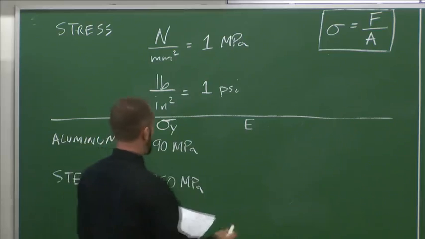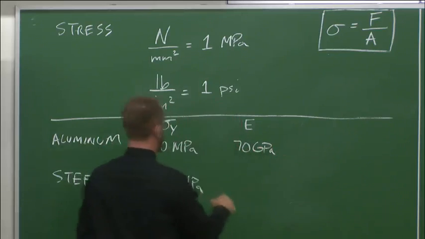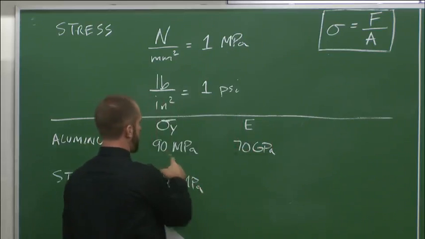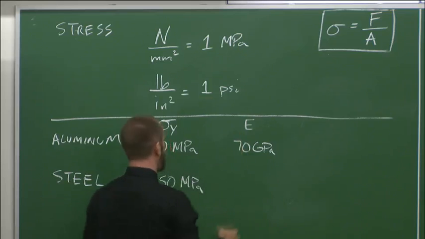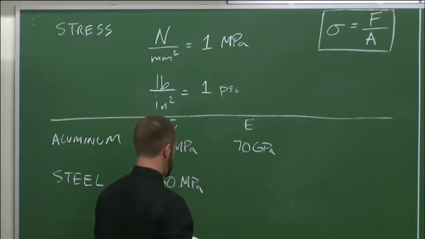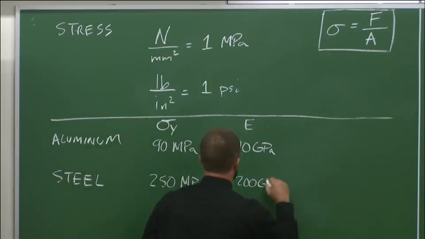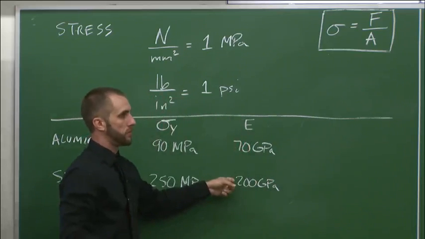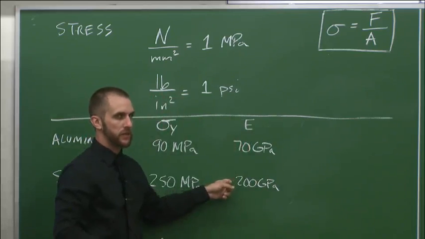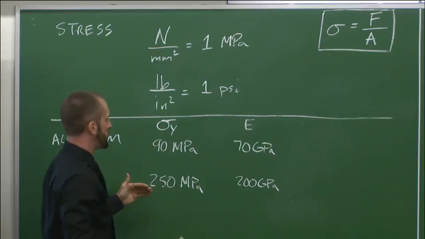This, for aluminum, would be 70 gigapascals, so 3 orders of magnitude larger than that, but still the same, interesting, same units, right? We have steel. What is the modulus for steel? Elastic modulus for steel is 200 gigapascals. We'll definitely pick this up next section, how this becomes very important. But for now, we're just looking at differences in materials.